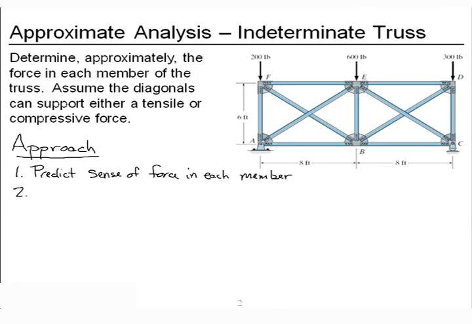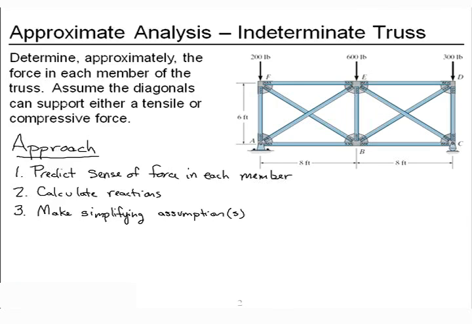Then we'll calculate whatever reactions we can. Sometimes in an indeterminate truss we can't calculate all of them initially. We'll make our simplifying assumption, or if it's going to be more than one assumption we need, we'll make our simplifying assumptions. During that step we'll also figure out how many we need.